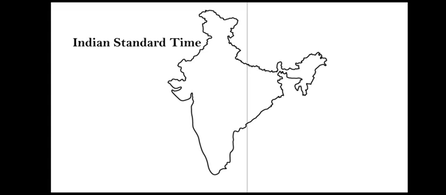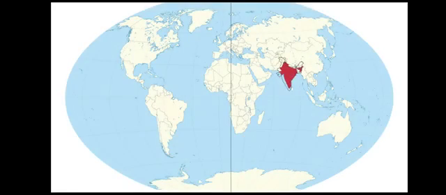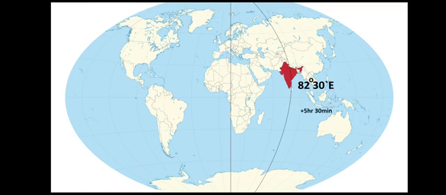India is located east of Greenwich at 82 degrees 30 minutes east, and is 5 hours and 30 minutes ahead of GMT. So in India, when it's 7:30 p.m., then it is 2 p.m. noon in London.